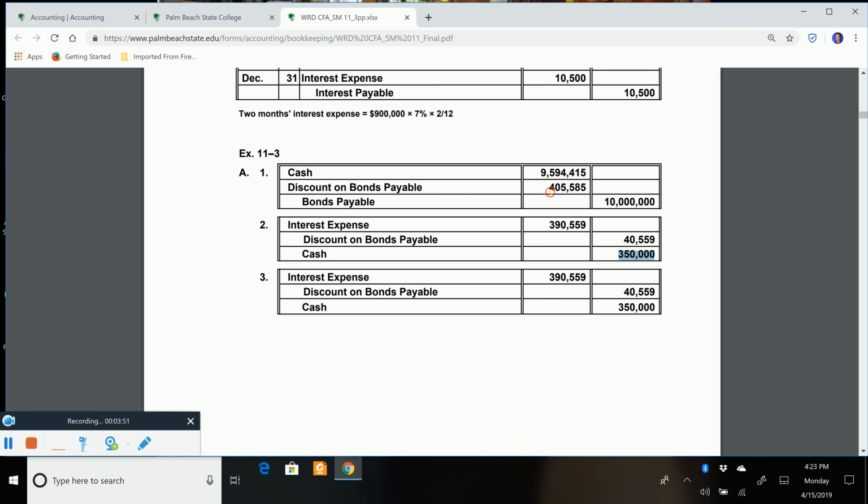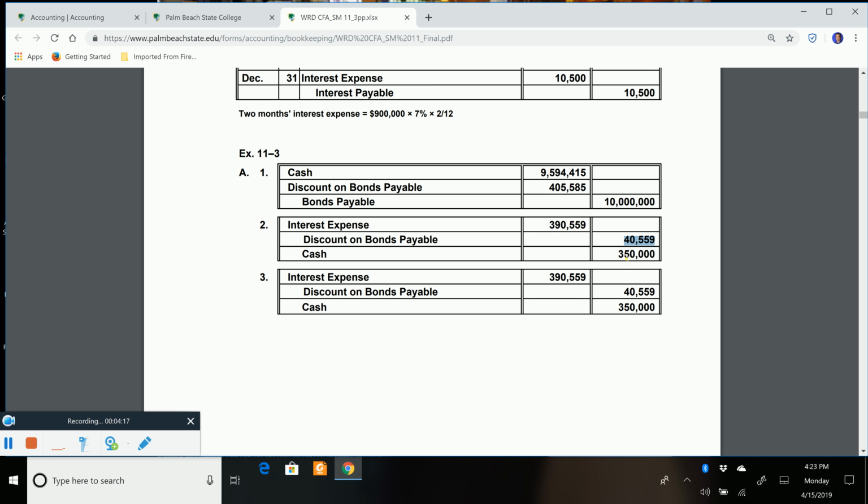So to amortize this bond discount of $405,585, we will divide that among 10 interest payment dates, and the result is $40,559 will be the amortization of the discount. If the discount has a debit balance, as you see in Journal Entry 1, to amortize it, we will credit the discount account.